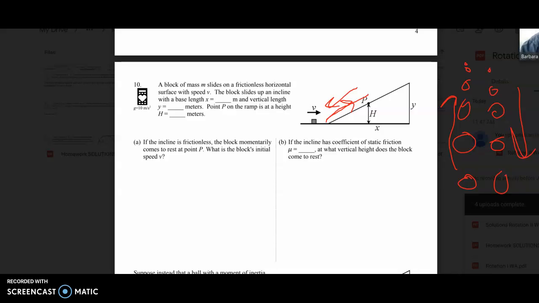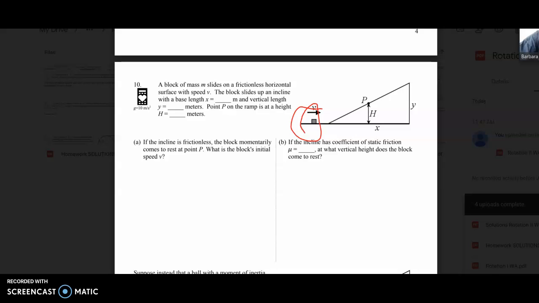If it comes to a rest, hopefully you can see that this is a conservation of energy problem. Part A is, and it looks to me like Part B is too. On Part B, you need to consider that the energy is all 1/2 mv squared when you start, and when you end, right here, you have both the gravitational Ug, but you also have the work done by friction.